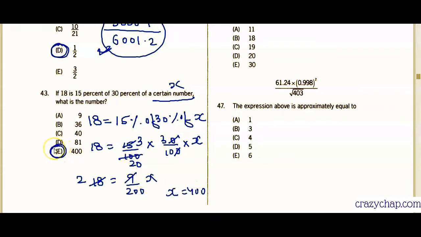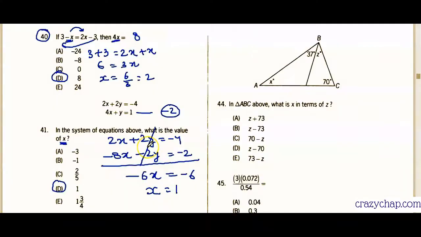Let's try next question. Question number 44. What is x in terms of z? That is quite easy, guys. In triangle ABC, we have three angles given. We know that their sum should be equal to 180. So x plus 70 plus 37 plus z should be equal to 180, right? We have to write x in terms of z. So we have to make x alone.